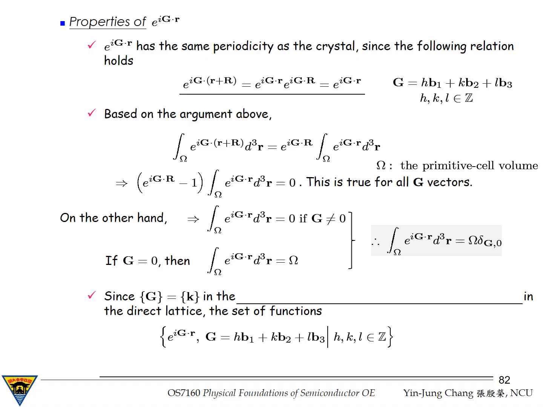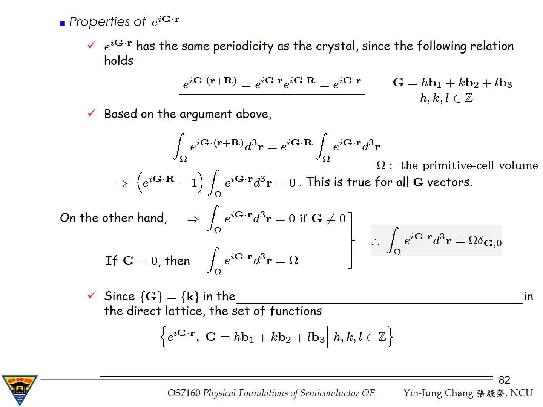Please note that in this expression, the g vector may also be the difference between any two reciprocal lattice vectors. This immediately leads to an important interpretation, since the set of Fourier wave vectors must be the set of reciprocal lattice vectors.